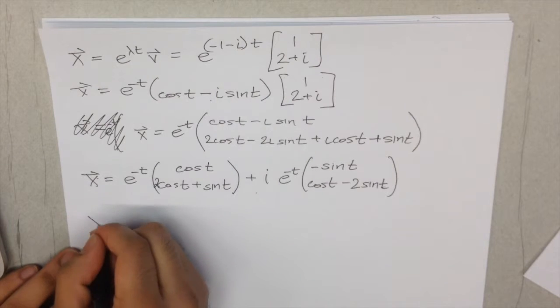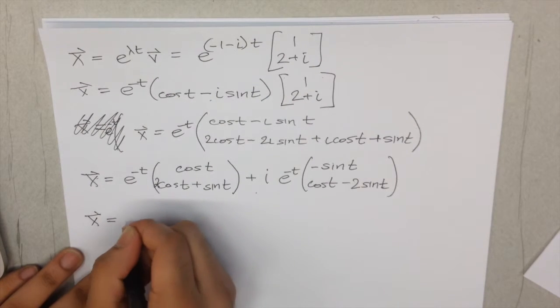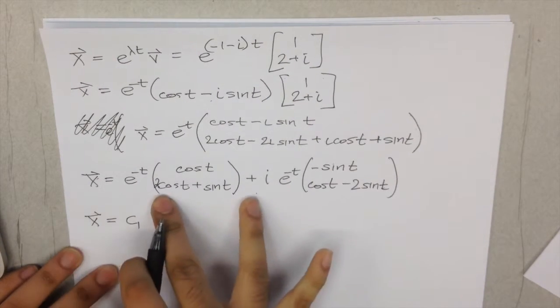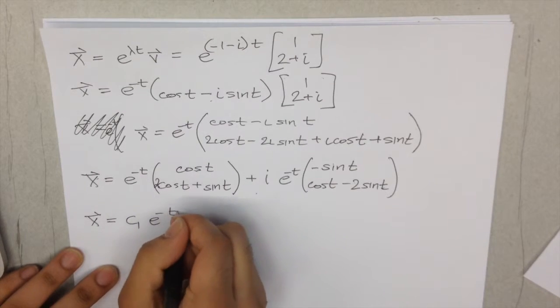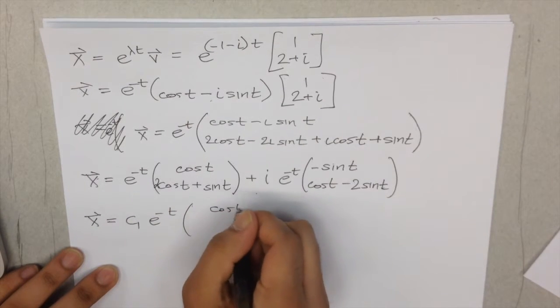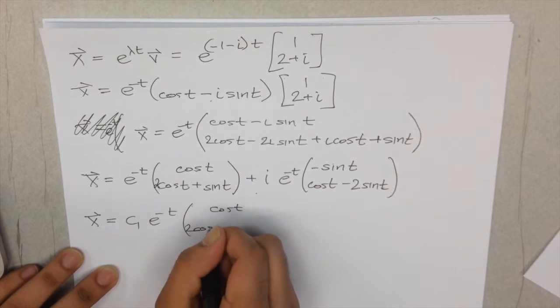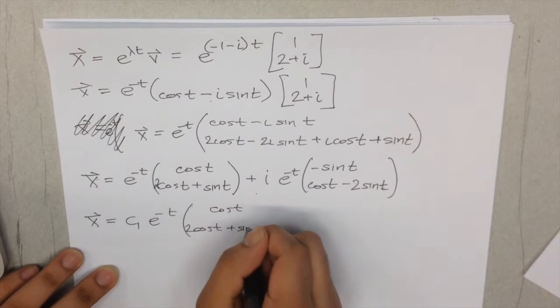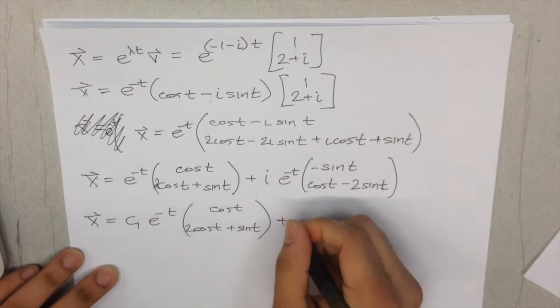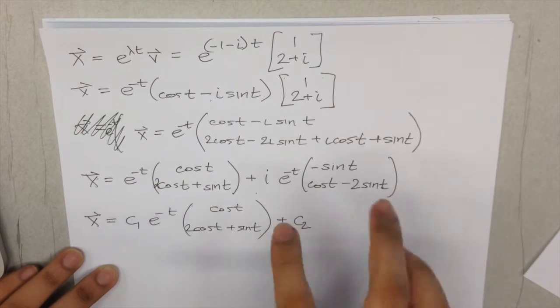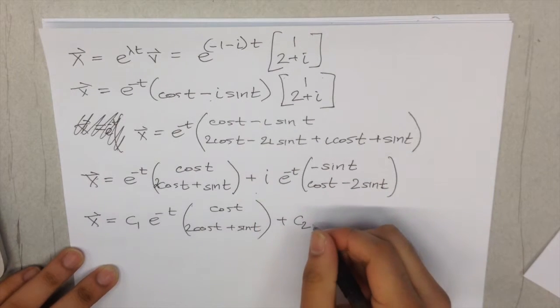So what we get for our general solution, remember our first solution is C1 times the real solution, e to the negative t, 2 cosine t plus sine t, plus C2 times the second solution, which is our imaginary solution.